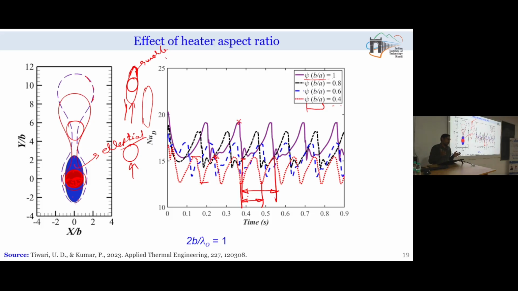And the reason is quite obvious, because a bluff body provides more restriction to the flow and makes it difficult for the bubble volume to rise in the upward direction. Meanwhile, this elliptical shape has more preference for the volume to rise in the upward direction.